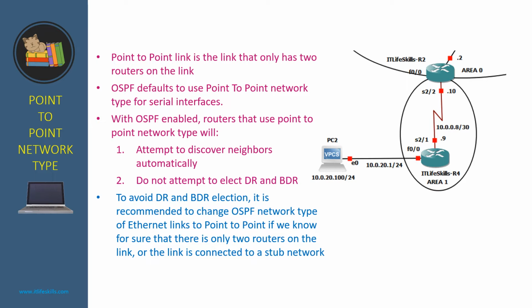Therefore, to avoid DR and BDR election, it is recommended to change the OSPF network type of Ethernet links to point-to-point, if we know for sure that there are only two routers on the link, or the link is connected to a stub network.